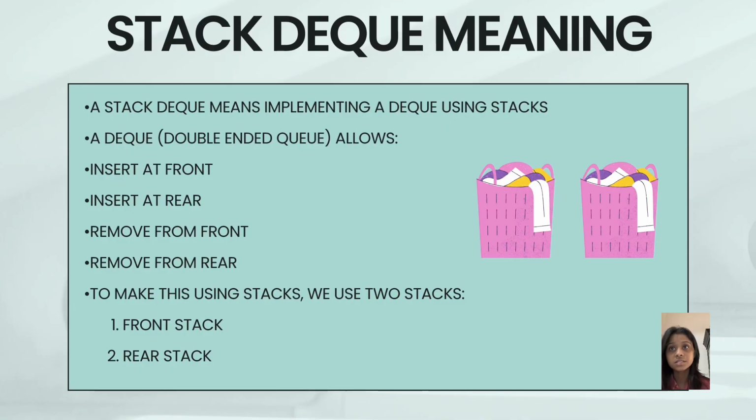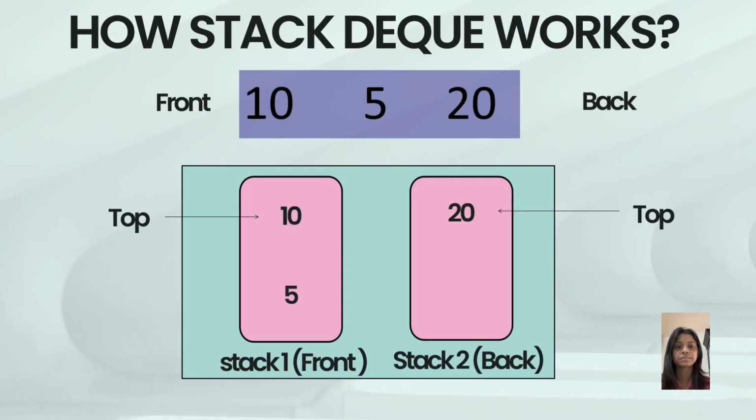We call them front stack and rear stack. So why two stacks? This is because a stack naturally reverses the order of elements. By transferring elements from one stack to another, we control the sequence in which elements appear.